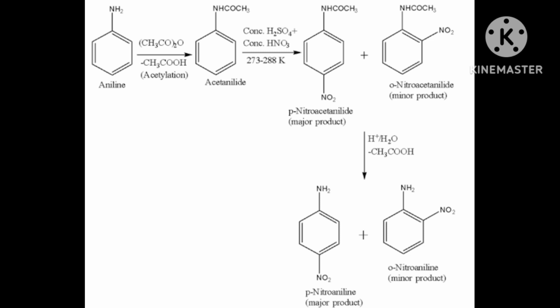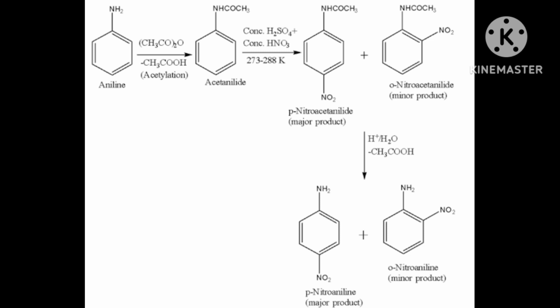Moreover, in strongly acidic medium, aniline is protonated to form the anilinium ion, which is meta-directing, meaning substitution will take place at the meta position. That is why, besides the ortho and para derivatives, a significant amount of meta derivative is also formed.